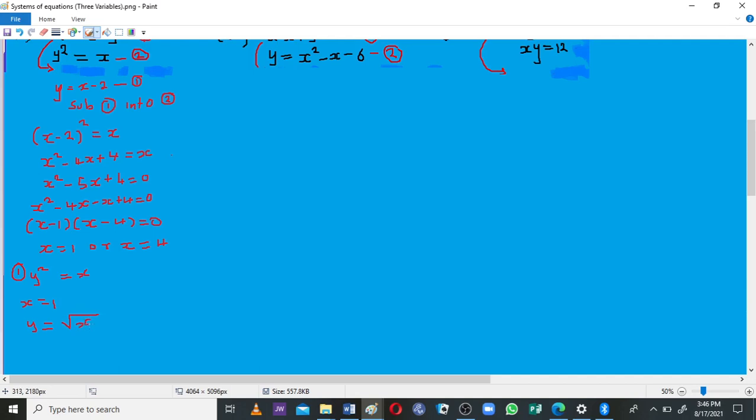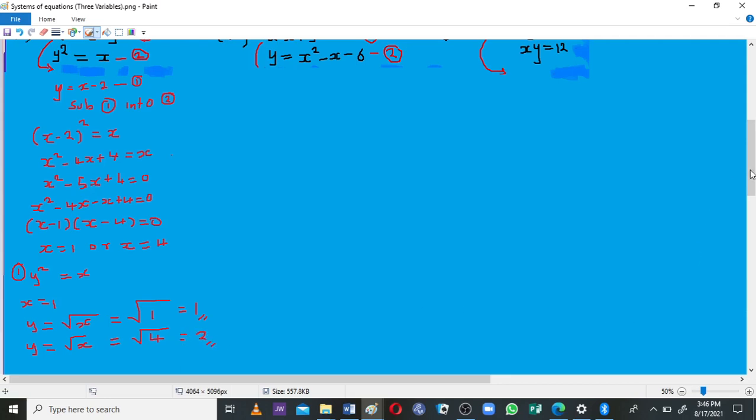If you substitute the value of x, which is 1, you still get 1. Again, now x is equal to 4. Remember you have two values for x. If you substitute, you are going to have the square root of 4, which will give you 2.